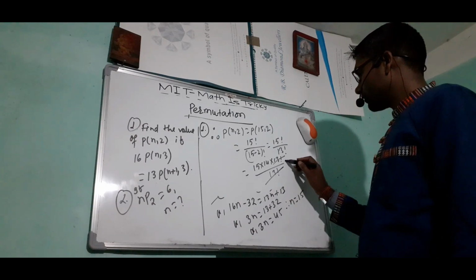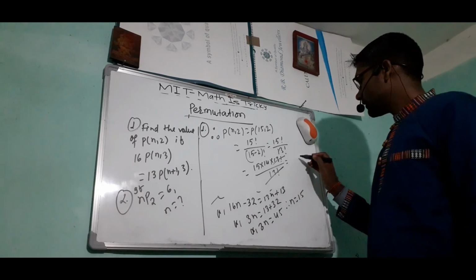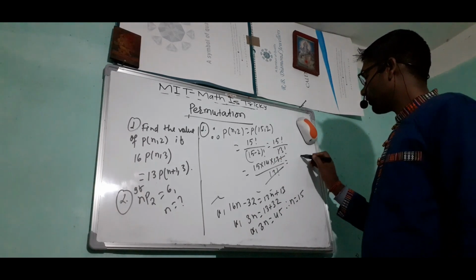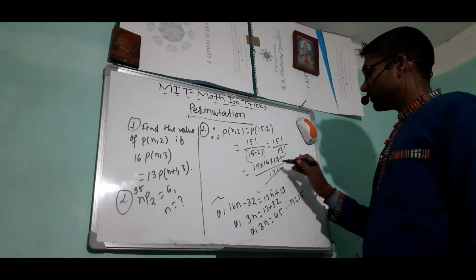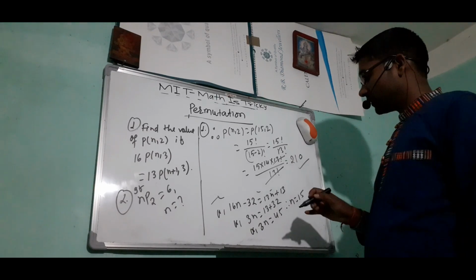This is your answer. So we can multiply this here: 15 into 4 is 60, so 0, 15 and 21. So that's your answer.